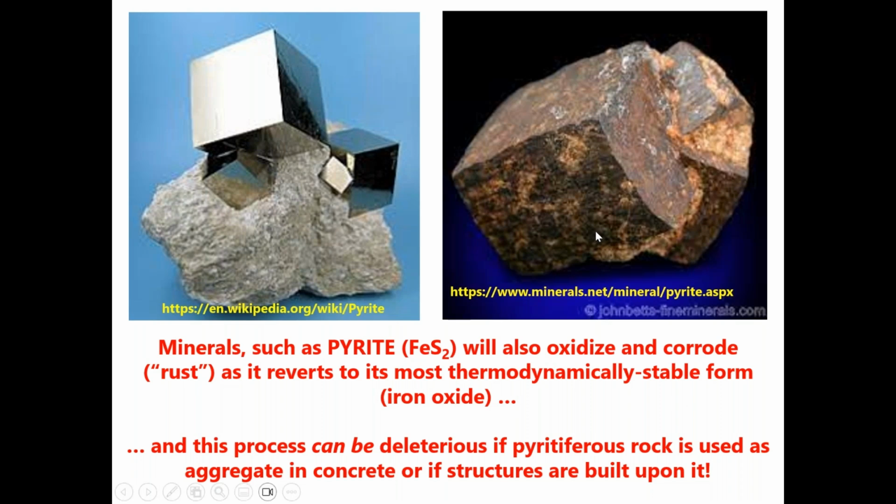In this case, it's that iron oxide, brownish reddish material you see on the right-hand side, and the formation of that iron oxide material is accompanied by a volume change, right? So when you form that iron oxide material, the volume of the material is changing. And if that pyritiferous material is encapsulated in concrete and it starts to oxidize and corrode, well, it's going to expand and cause the concrete to crack as a result.